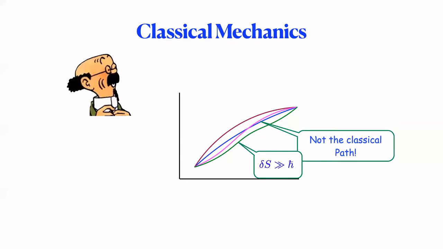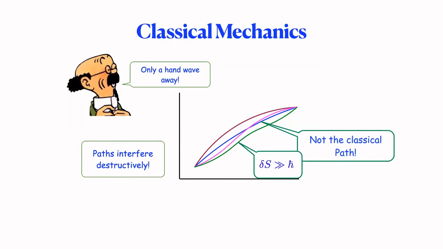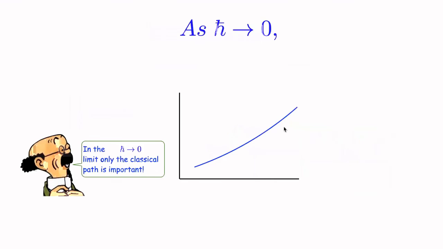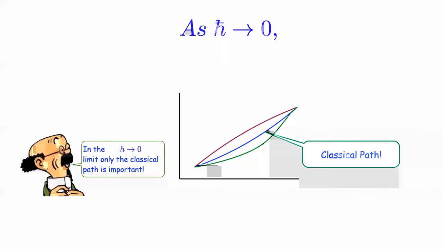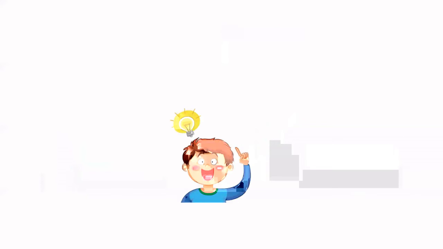So that is what is being done here. If you think of a path like this, the blue path, and it is not a classical path, then the contributions of paths from the neighborhood will cancel each other. Whereas if you think of the classical path, and paths around it, these paths also make the same kind of contribution, and therefore these contributions add up.